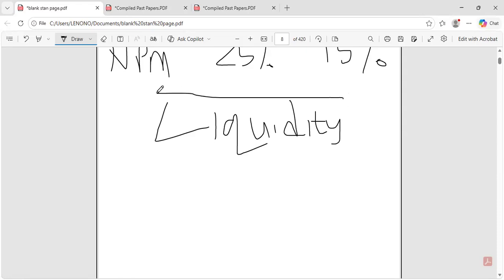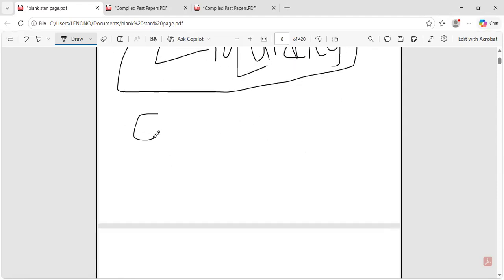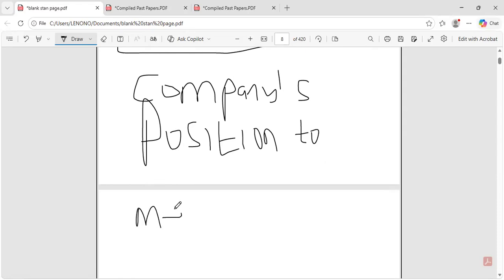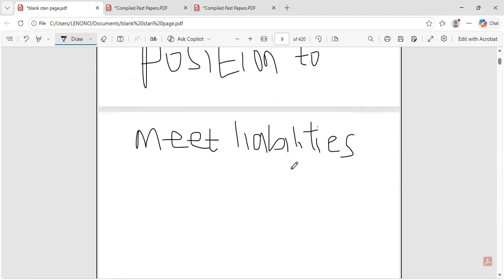Liquidity shows the company's position to meet liabilities that are due.